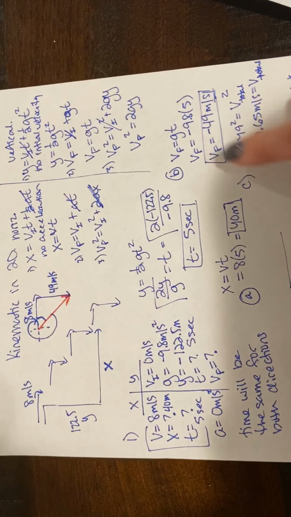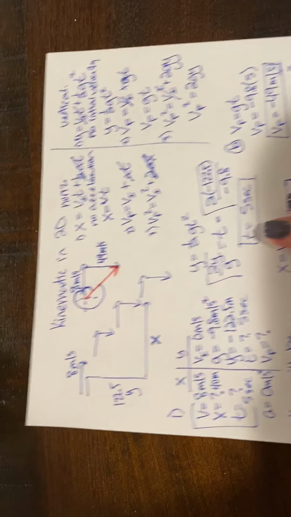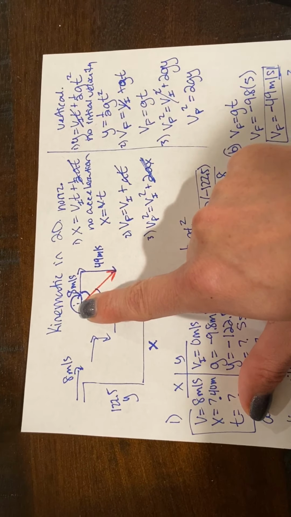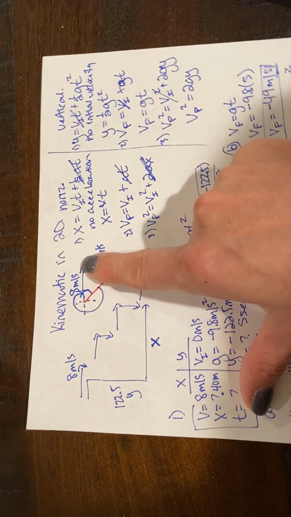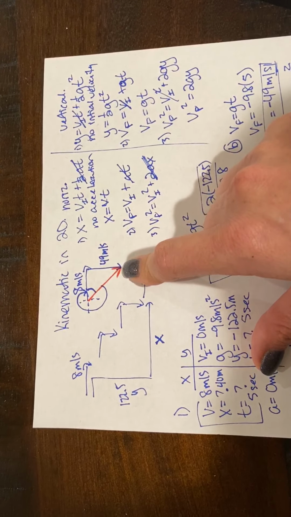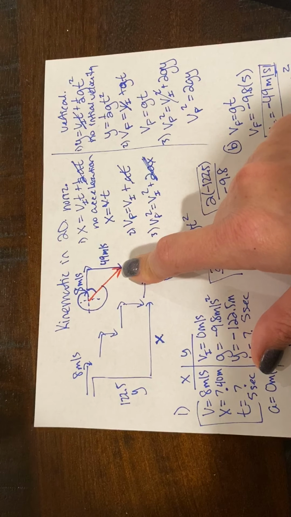The last question asks, what's the total velocity of this object before it hits the ground? So bringing in our vector addition from last week, we have a vector that is horizontal, 8 meters per second, and we have a vector that is vertical at negative 49 meters per second.